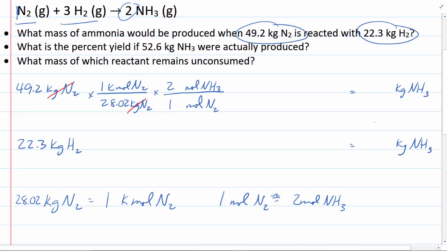And if this is the relationship in moles, it will also be the same relationship in units of kilomoles. And so we can simply put a prefix kilo in front, and this then enables us to cancel out these units. Then we have kilomoles of NH3. We're trying to get over to kilograms of NH3.